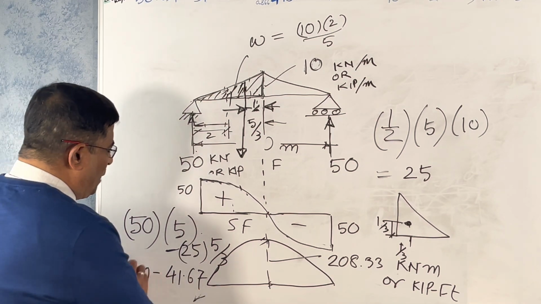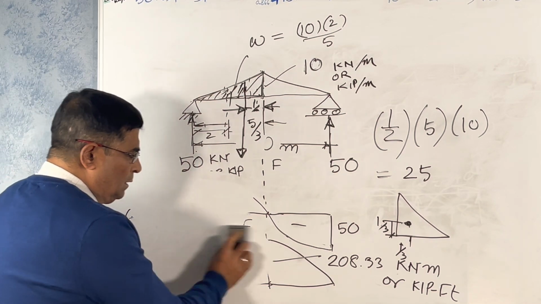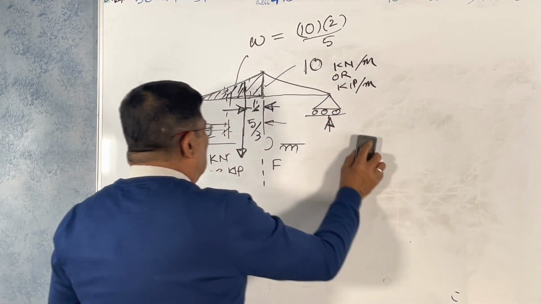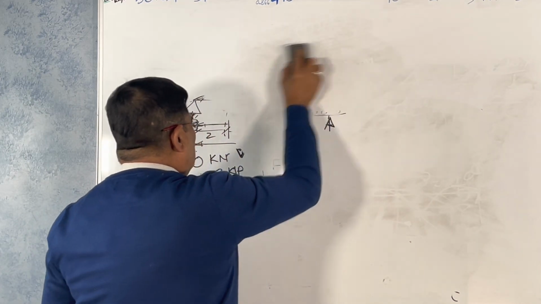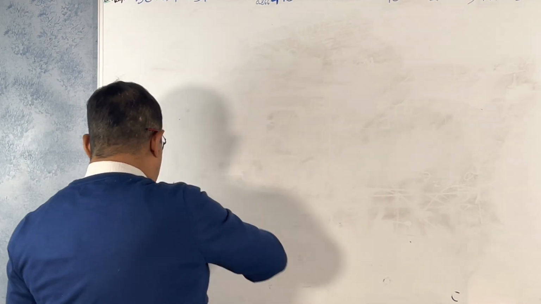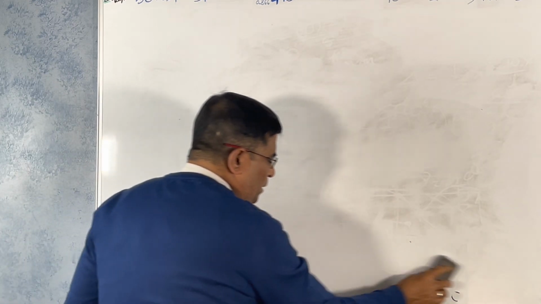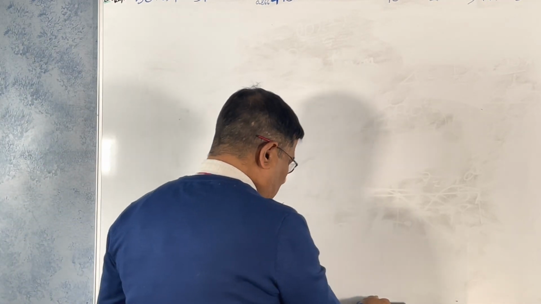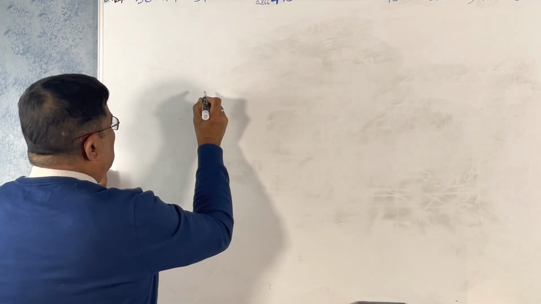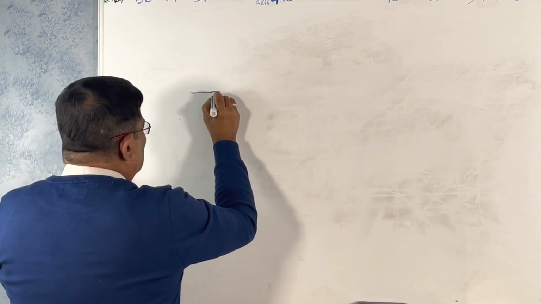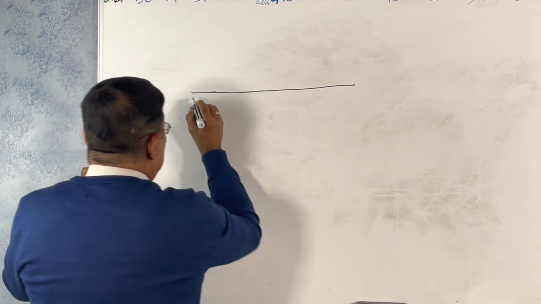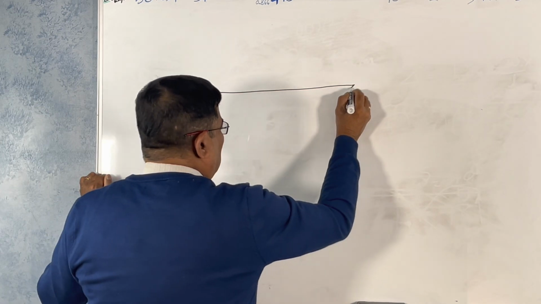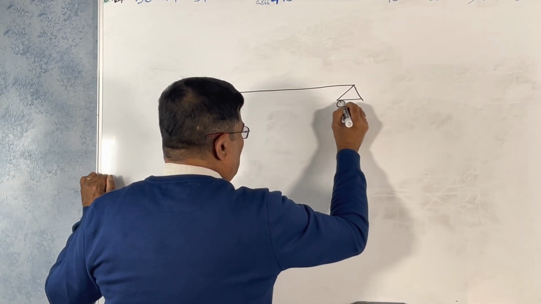Now, next we are considering the bending moment and shear force diagram for a trapezoidal load. As I told you earlier, a trapezoidal load is partly triangular and partly uniformly distributed. Say like this. This is your pin joint. This is your roller support.